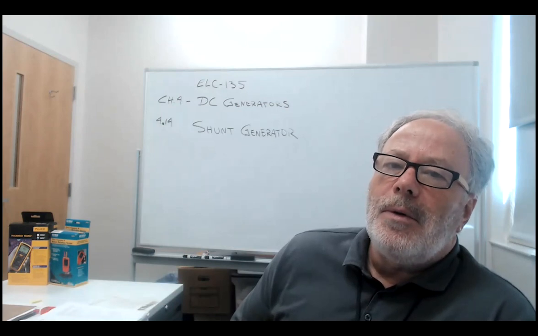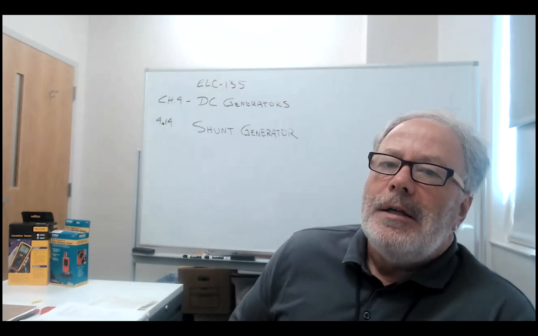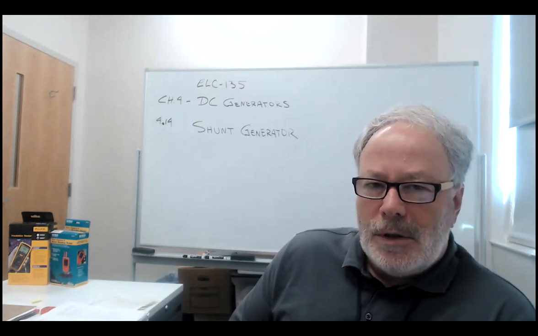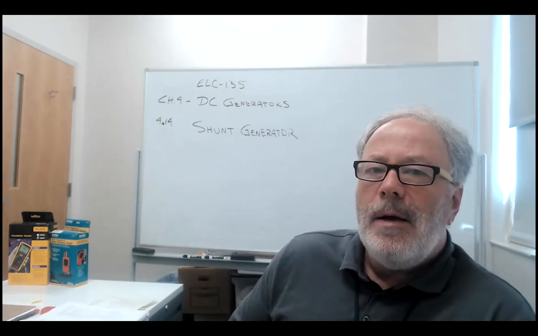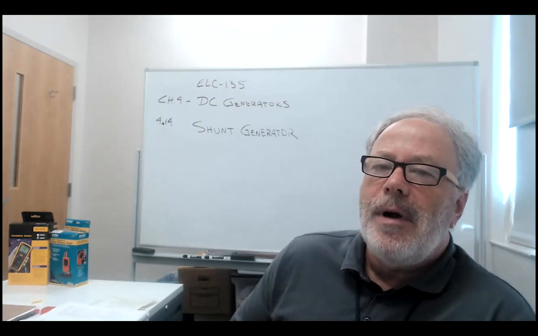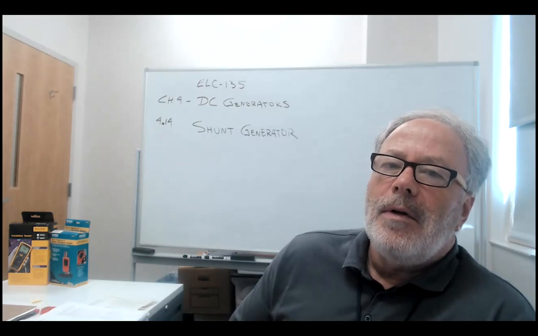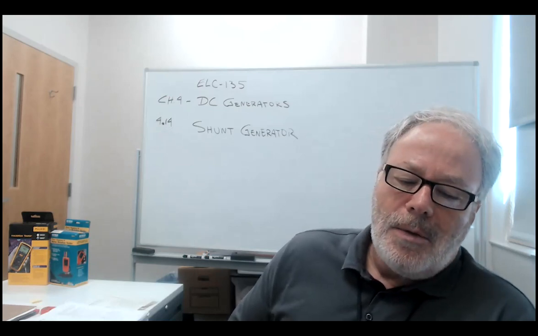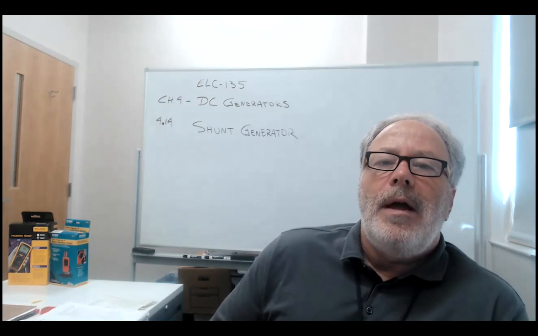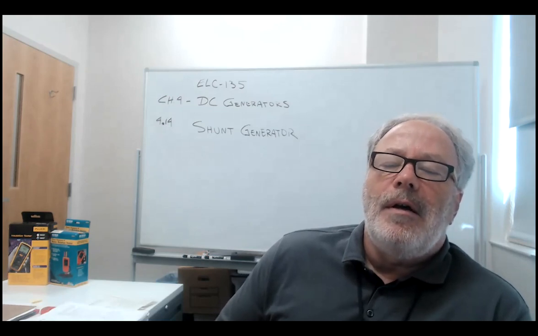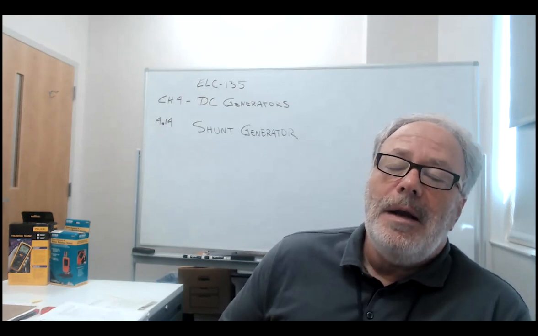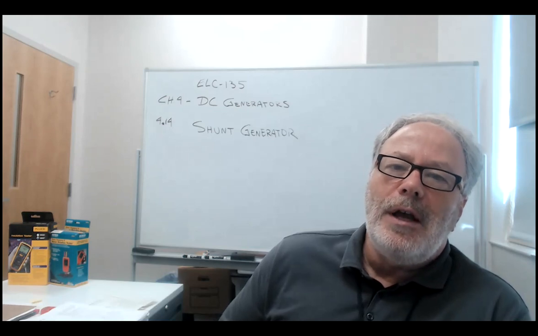So pretty much the rest of this chapter, we kind of get what's going on inside this DC generator, which is going to apply to all our electrical machines. What we want to do now is look at different construction and connection schemes.